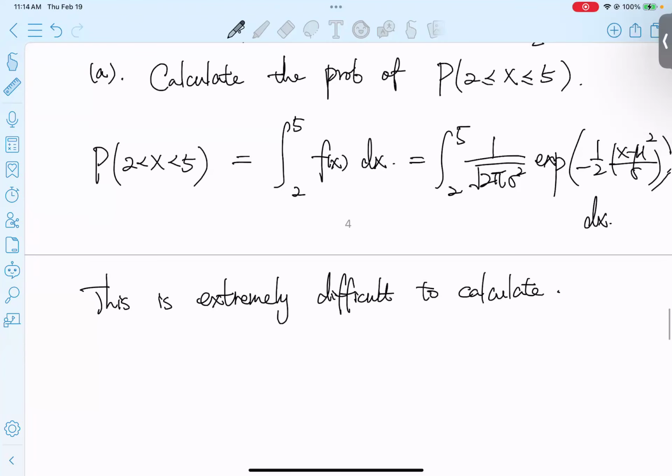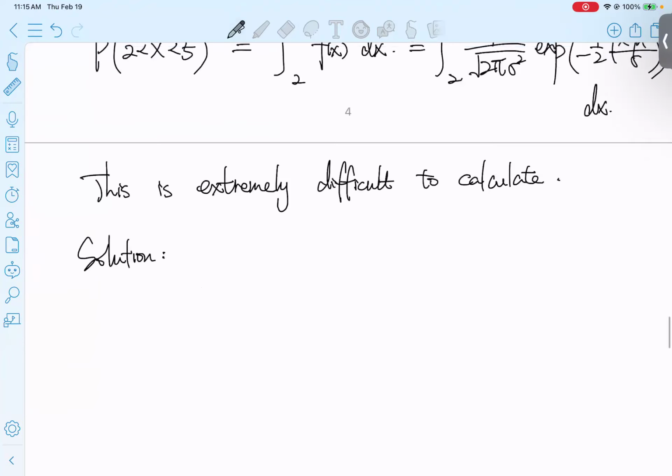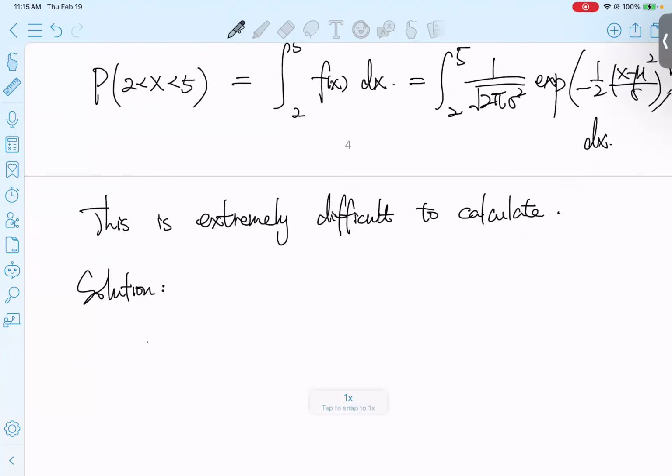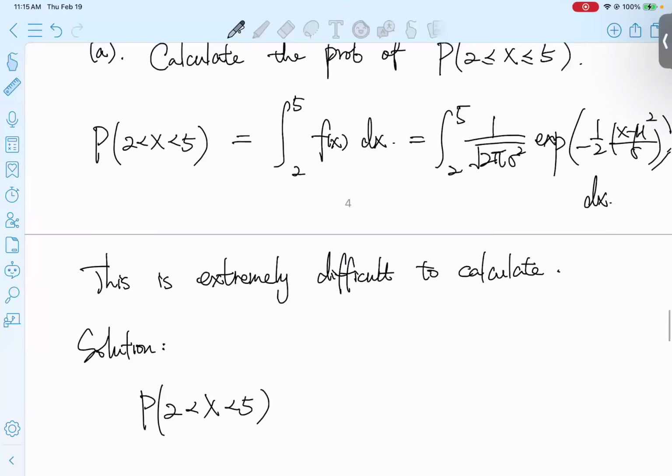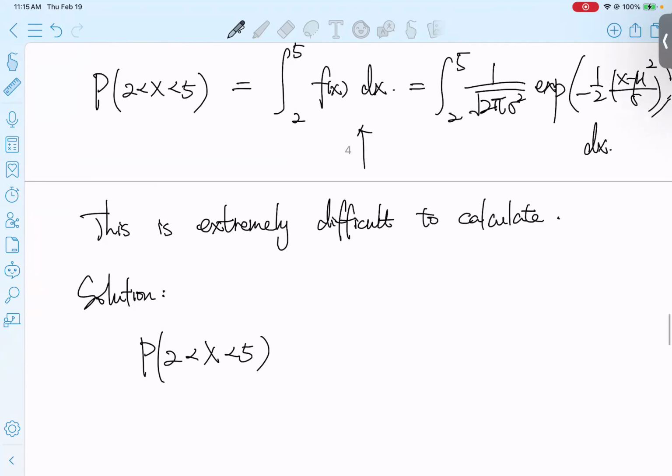So the solution is standardization. Again, we're interested in this probability, but calculating it through the integral is extremely difficult or not feasible. There's no analytical solution for that.